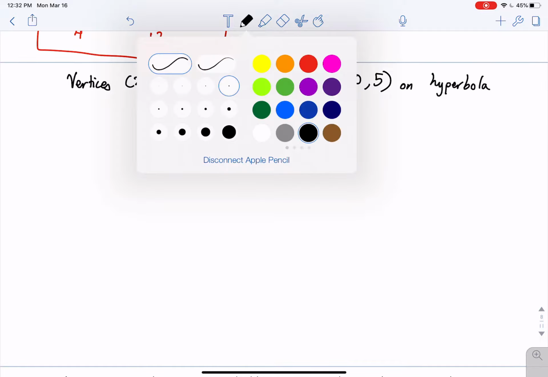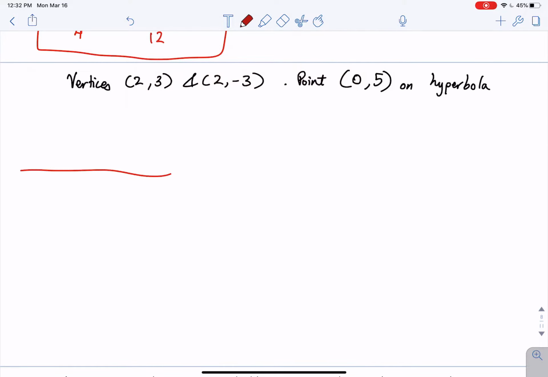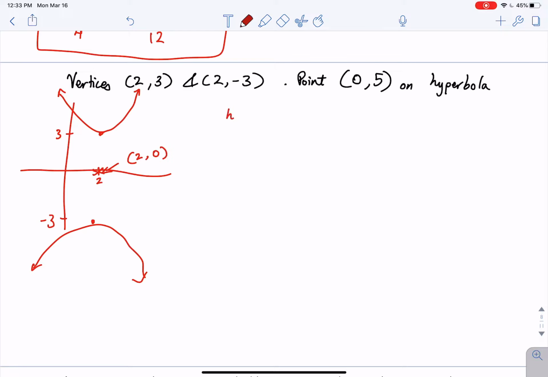But again, we're going to draw a sketch of this because that's usually going to help us. So I go out 2 and I know 3 and -3, those are the 2 vertices of this. If my vertices are on a vertical line, that means this opens up vertically. Right, so my hyperbola looks like this. And I know that the center has to be exactly in the center of these 2 things. So the center is here at (2, 0). And so h is 2, k is 0.